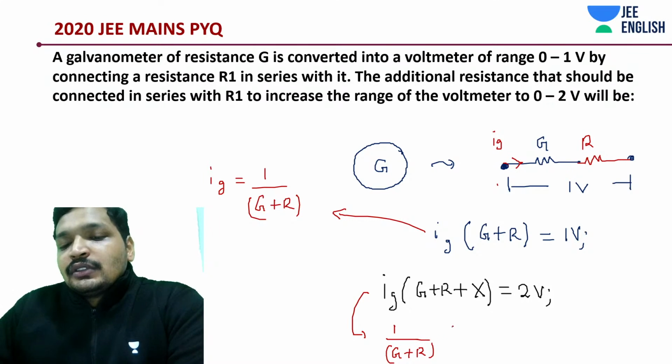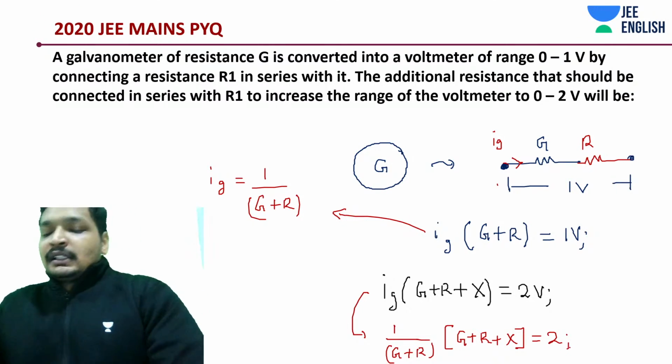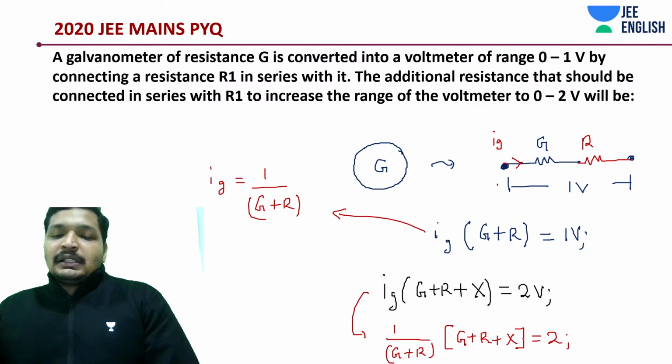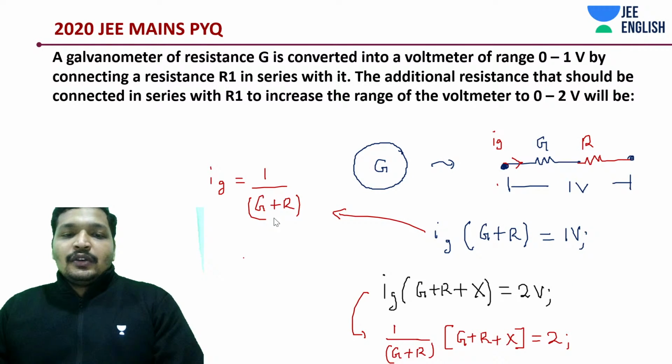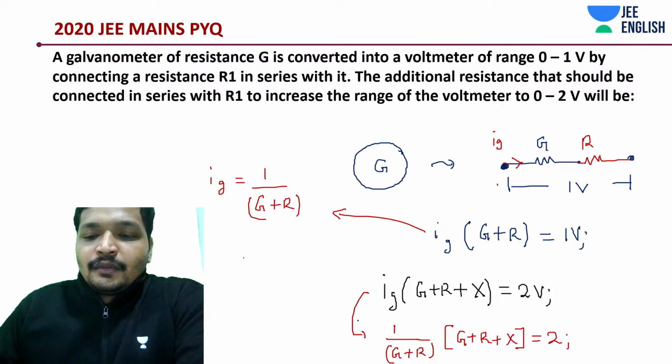So I'm taking the process. Then we have G plus R plus X, and it should be 2, so you take it to the other side: 2 into (G plus R) is equal to X. It's basically a one-step problem.